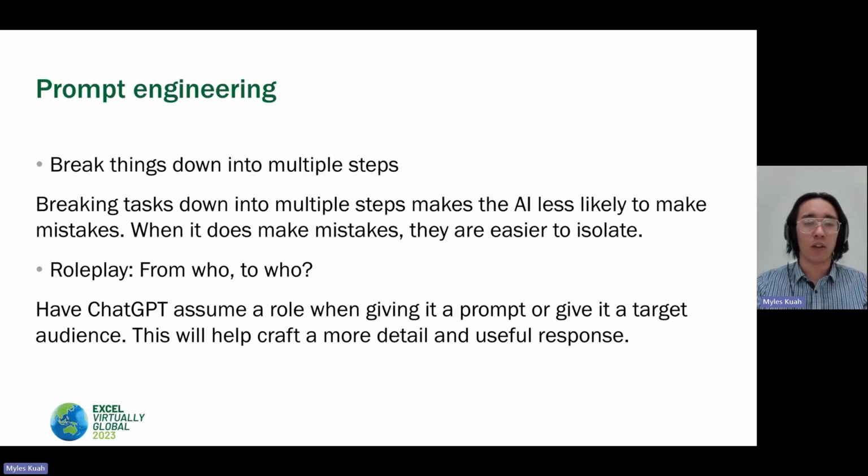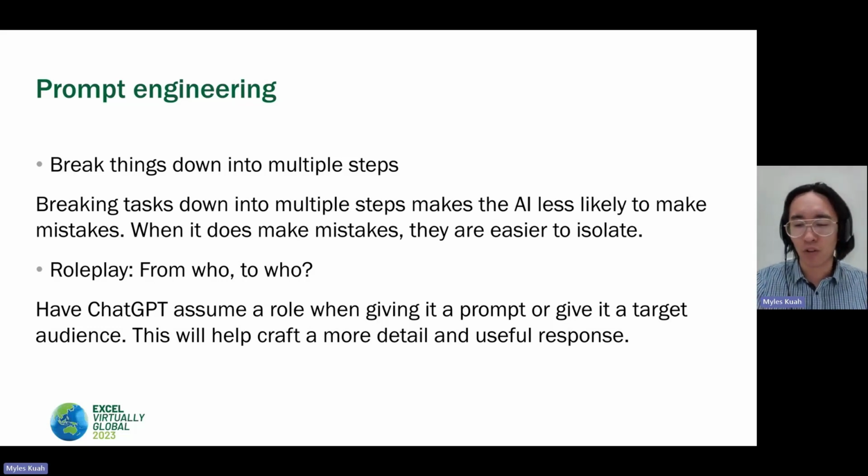The first is that breaking it down into multiple steps makes the AI generally less likely to make mistakes, because it turns the problems into smaller, simpler problems for it. And obviously, if the problems are easier, it's less likely to make a mistake on any of them versus just trying to solve it all in one go.